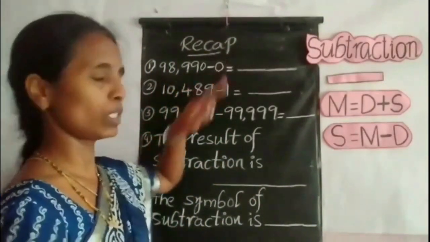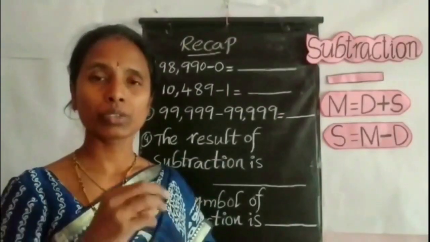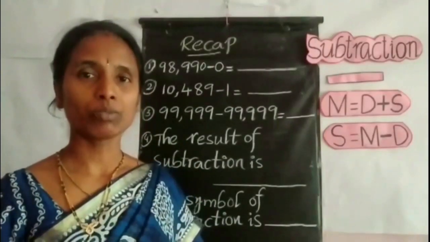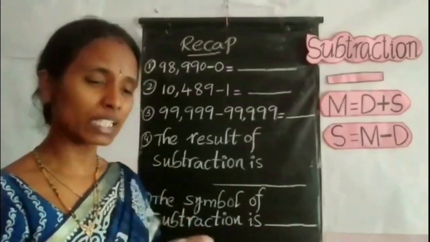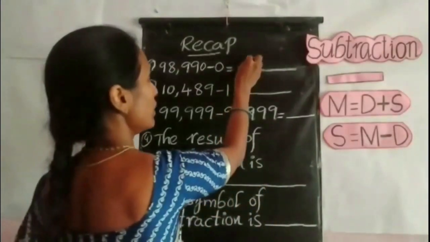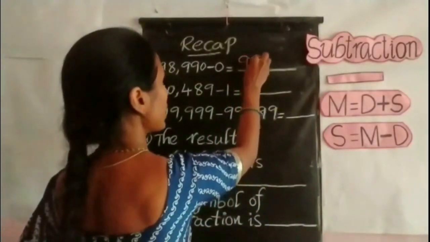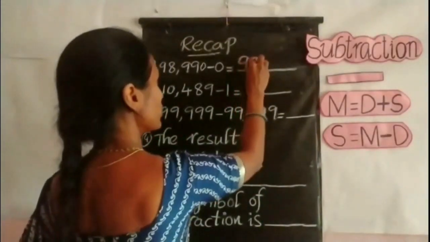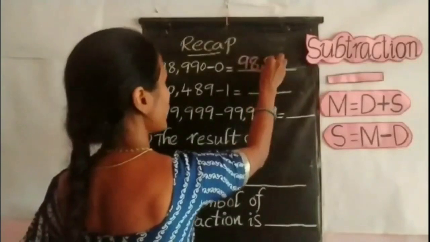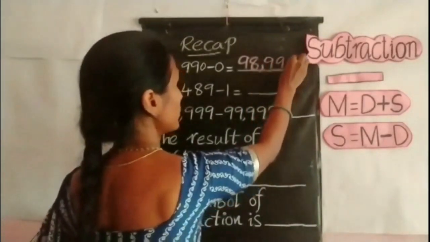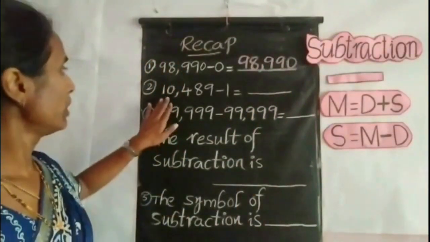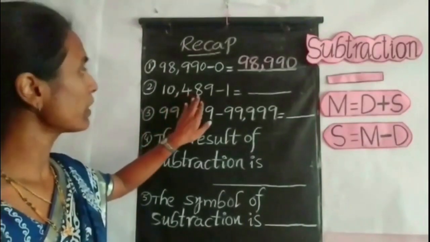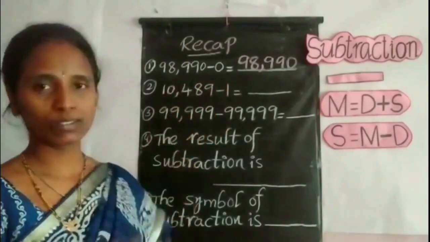98,990 minus 0. Okay. If 0 is subtracted from any number, what is the difference? The number itself. So what is the difference? 98,990. Second question. 10,489 minus 1.